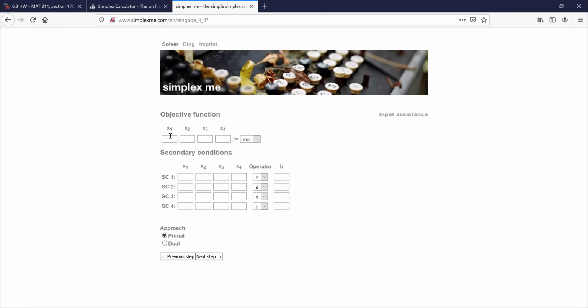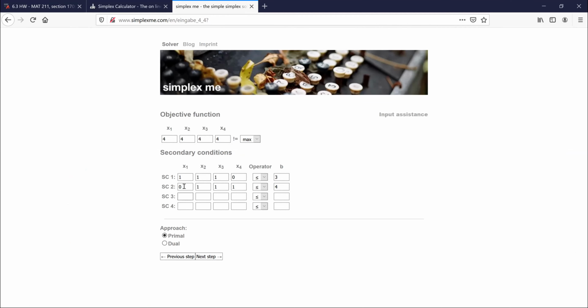Okay, so we're trying to maximize 4x, 4y, 4z, 4w. And we're trying to maximize that subject to, and then you just have to get the variables in order. So the w is missing in the first one, so it's 1, 1, 1, 0, less than or equal to 3. And the next one is missing an x, so 0, 1, 1, 1, less than or equal to 4.